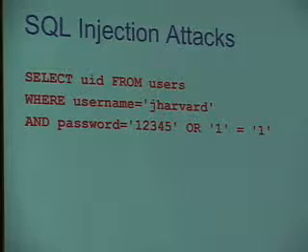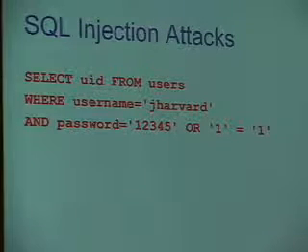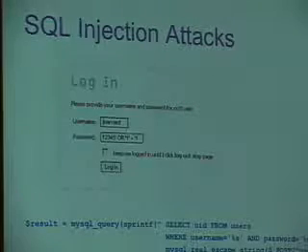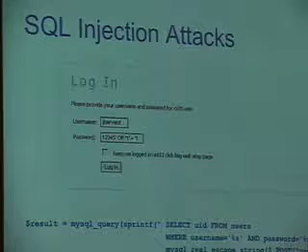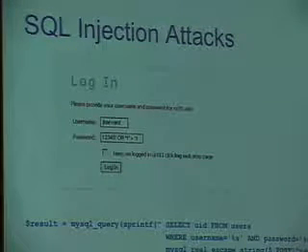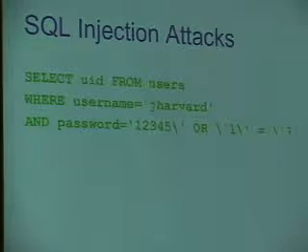Then not only would the select query get executed, but if the semicolon is allowed by the parser, that would execute the second query, which is delete from users, which means now you've actually impacted the user's database. So bad stuff happens when you don't call that very long named function, or the equivalent in some other language. But easy to fix, right? Thankfully. Okay, this is one time where we have a problem, but we have a solution. And if you've not been using it yet, do realize what bad stuff can happen.